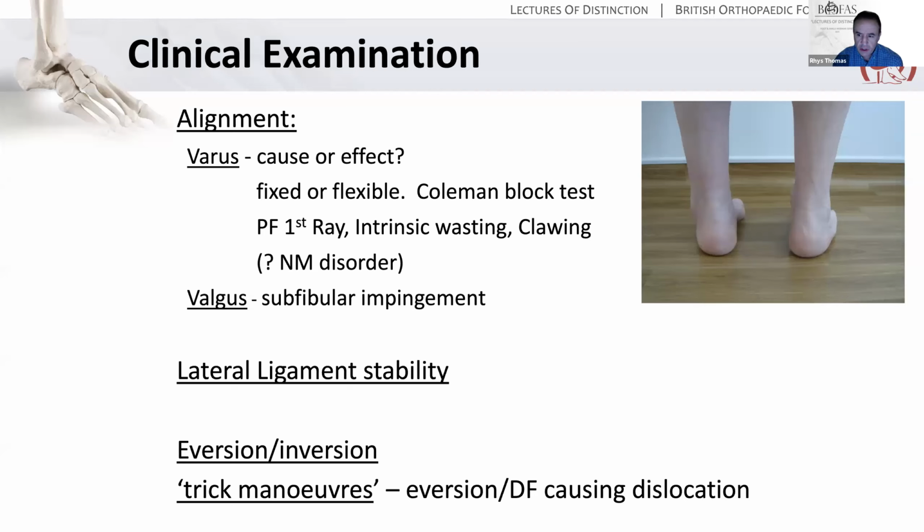Now, you've got to consider whether this is a cause or an effect. So is this varus caused by weakness of the peroneal tendons and possibly associated with lateral ligament laxity, or is this varus a cause for causing peroneal problems?